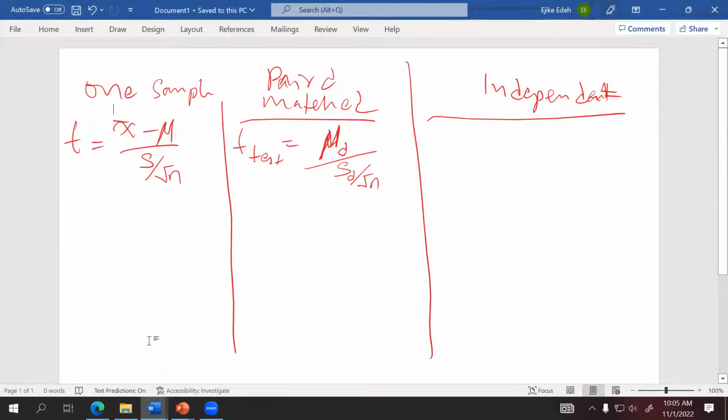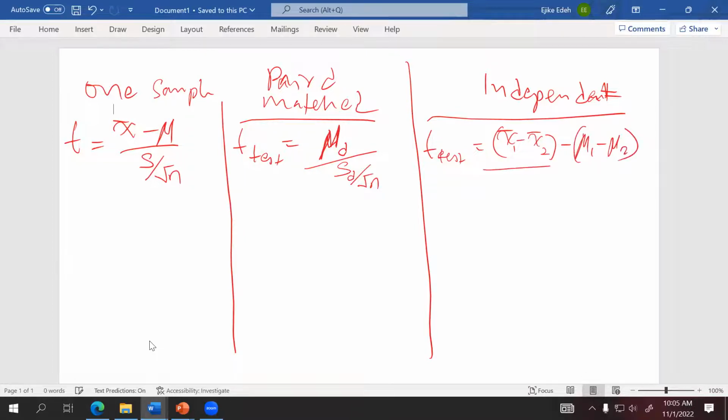So what I've just written on the board is that the t-test, if you're dealing with two samples, is the mean of group 1 minus the mean of group 2, minus the population mean of group 1 minus the population mean of group 2, divided by their standard error.